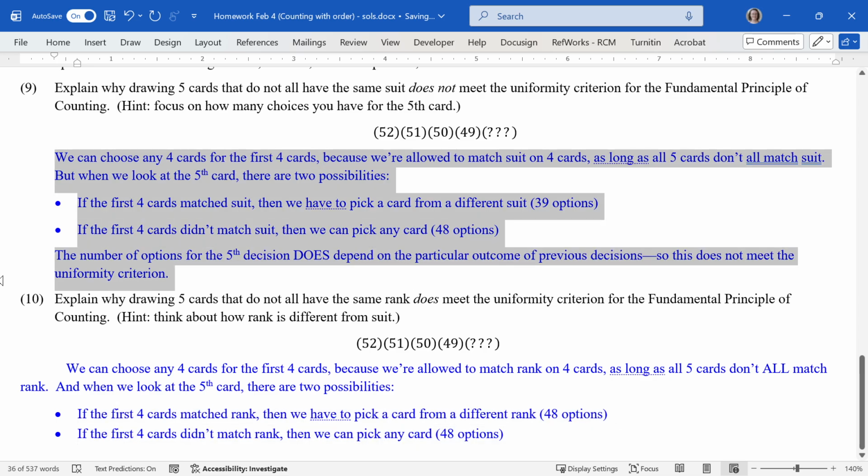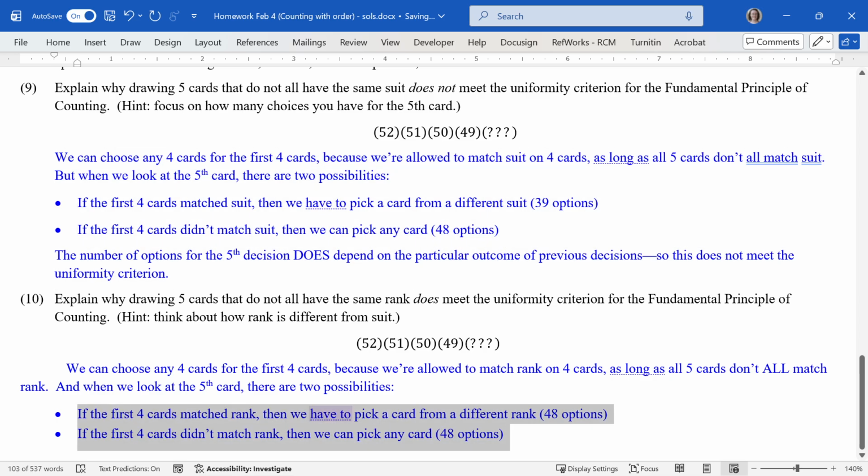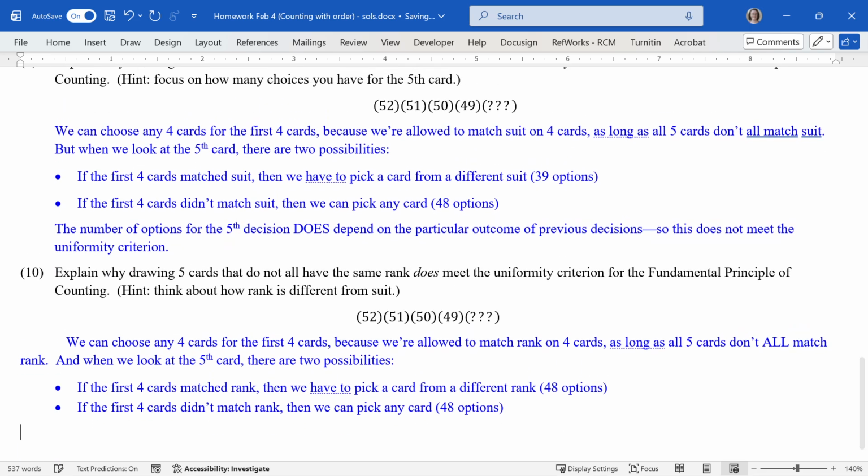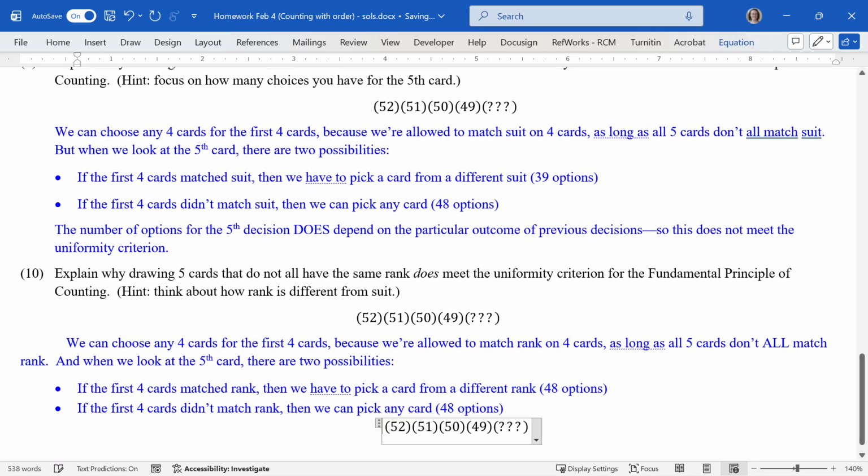So it is the same situation. But since we got the same number, the number of options doesn't depend on what happened with those first 4 cards, because we happen to get the same number here, 48, 48. The answer here is actually, we can do the fundamental principle of counting.